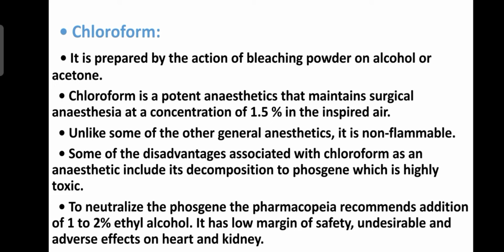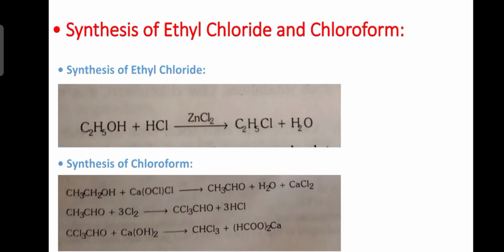Some of the disadvantages associated with chloroform as an anesthetic include its decomposition to phosgene, which is highly toxic. To neutralize the phosgene, the pharmacopoeia recommends addition of 1 to 2% ethyl alcohol. It has a low margin of safety, and undesirable adverse effects on kidney and heart. Synthesis of ethyl chloride and chloroform.